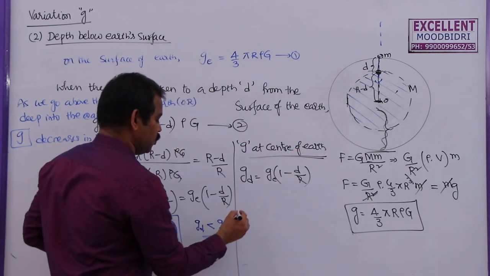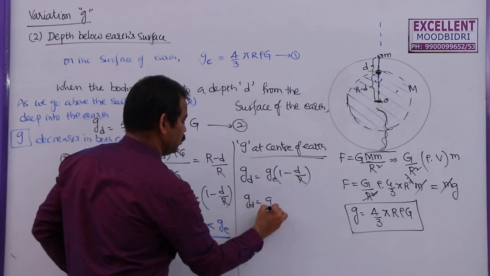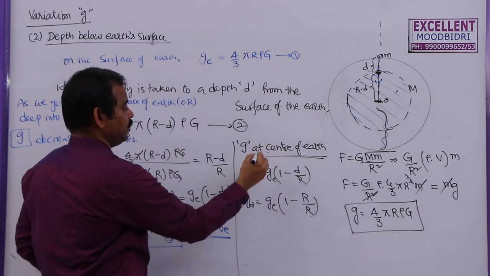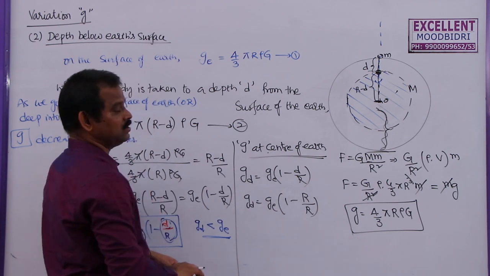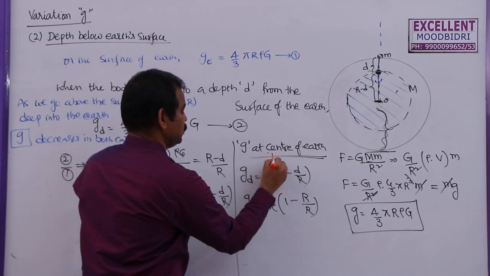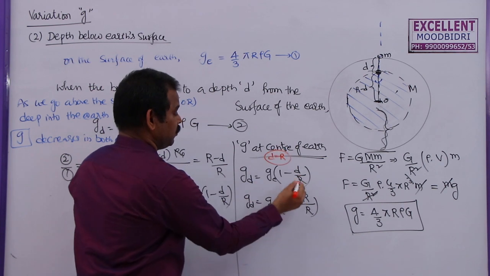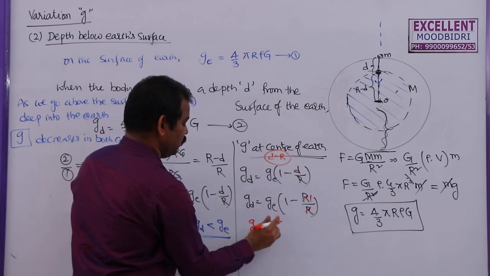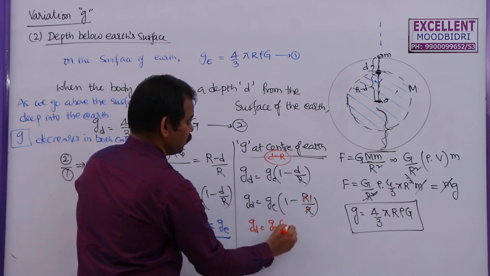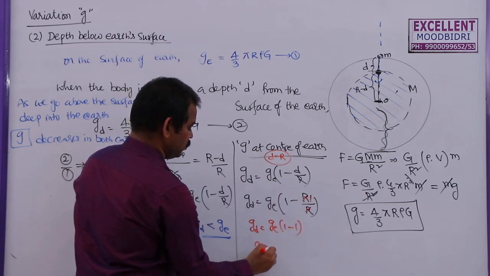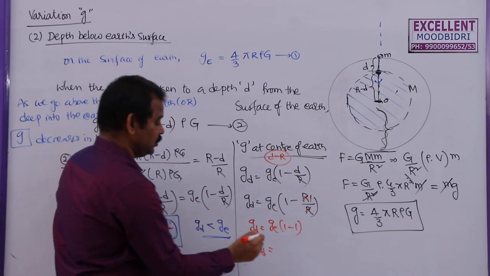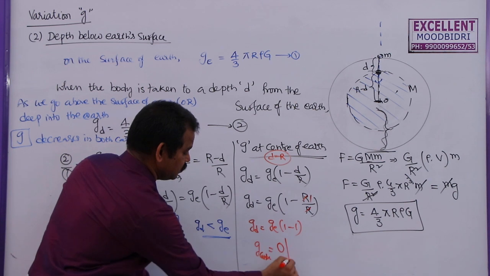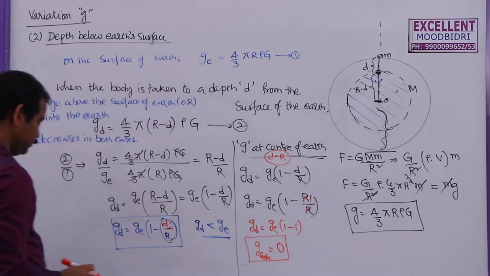So d is equal to R. So g_d is equal to g_e into 1 minus R by R. At the center, remember this, depth is equal to radius. So I am replacing d with R, the R's get cancelled, and g_d becomes g_e into 1 minus 1. So acceleration due to gravity at the center of the earth is always 0.